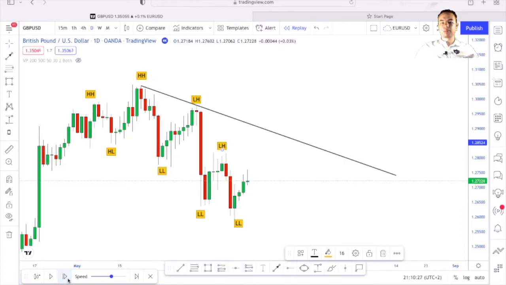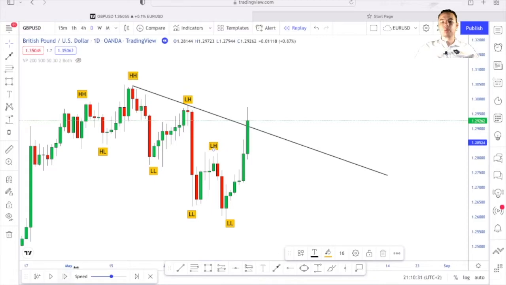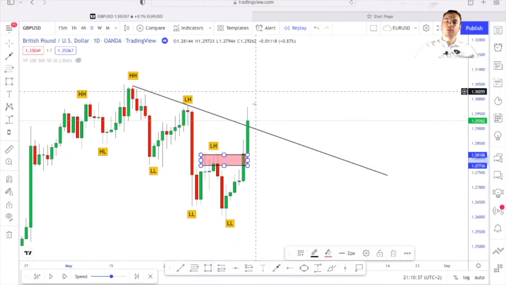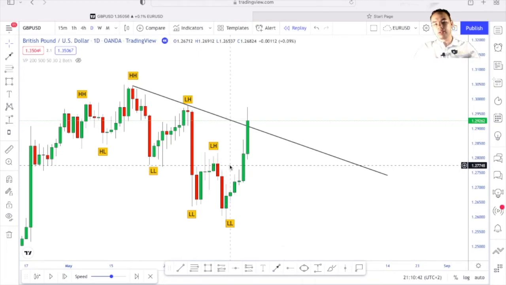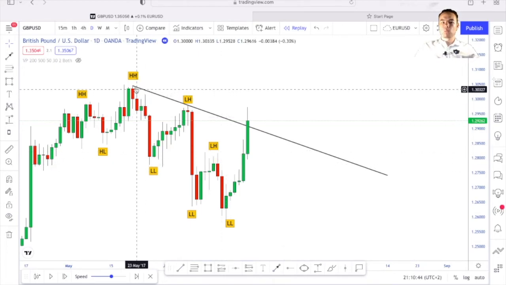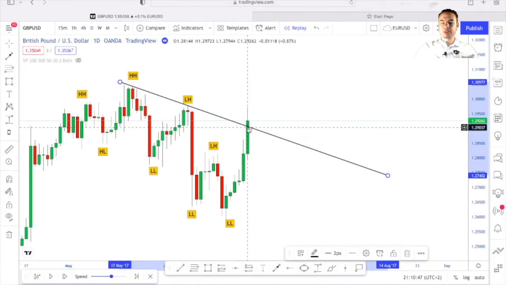Then price pushed up. Now, price broke this lower high to form a, we'll see, higher high. However, remember, it can still reject this trend line.